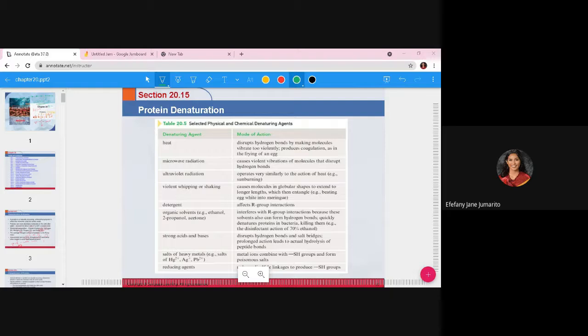Then, again, we also have the simple and the complex proteins. The complex proteins are those with the presence of amino acid groups or prosthetic groups, like glycoproteins, lipoproteins, hemoproteins, phosphoproteins.